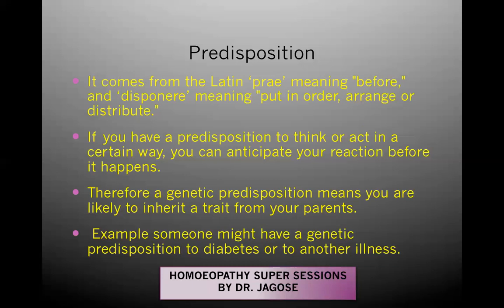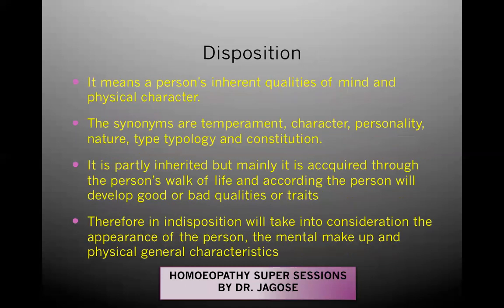So the predisposition can be seen in a case through the family history and supported by the past history of the patient. So that is very important. The predisposition is very important because it helps us to identify the fundamental mechanism, and it is generally a hereditary trait.